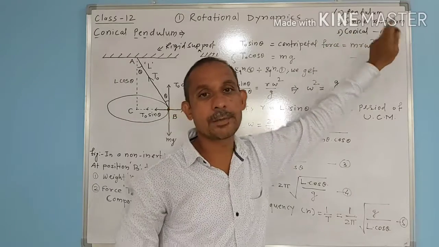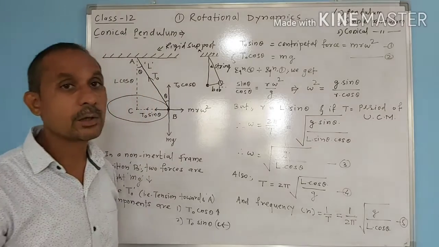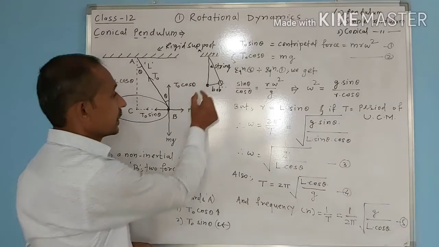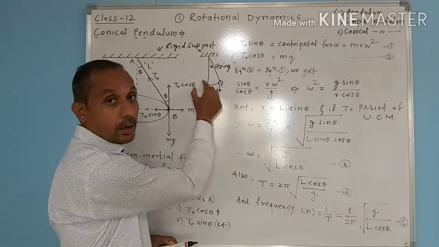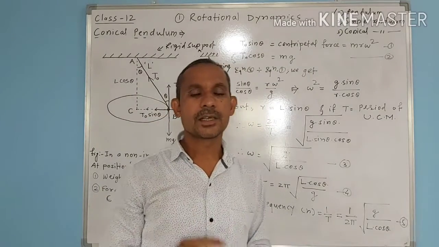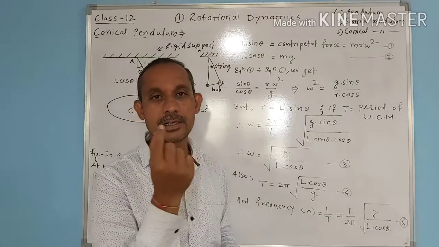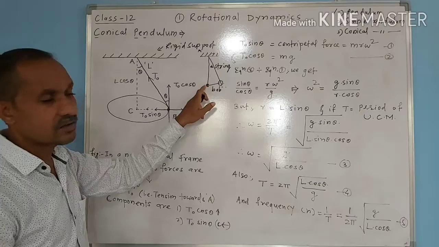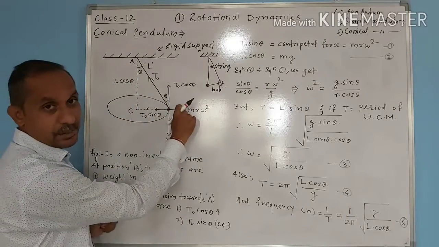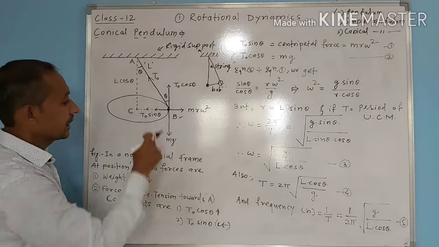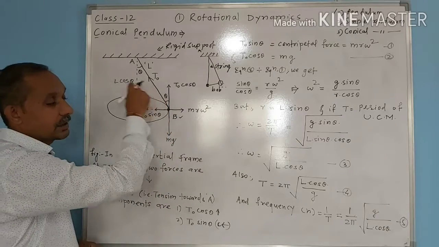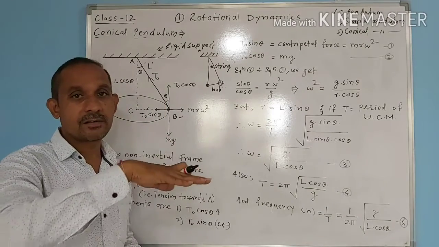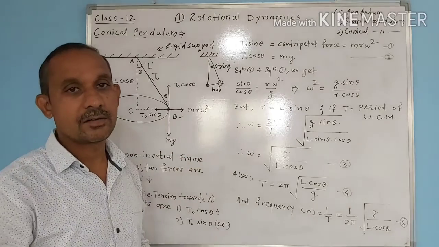Then next is the conical pendulum. What do you mean by the conical pendulum? In the pendulum, the bob, the teeny object, is allowed to move in such a way that the string, this is the string, is first displaced here to the position B. Then the bob is moved in a circular motion in the horizontal plane.